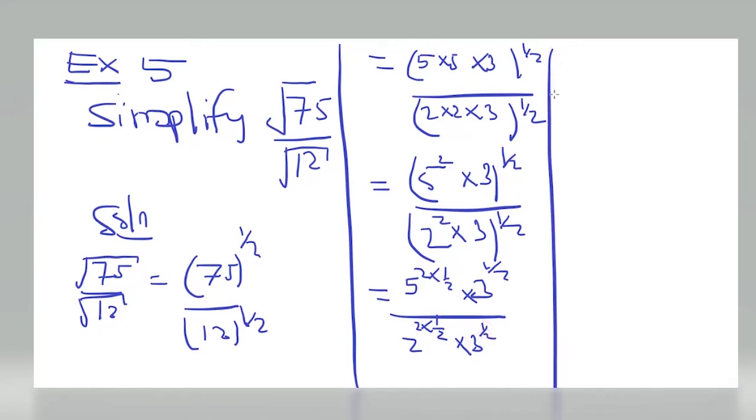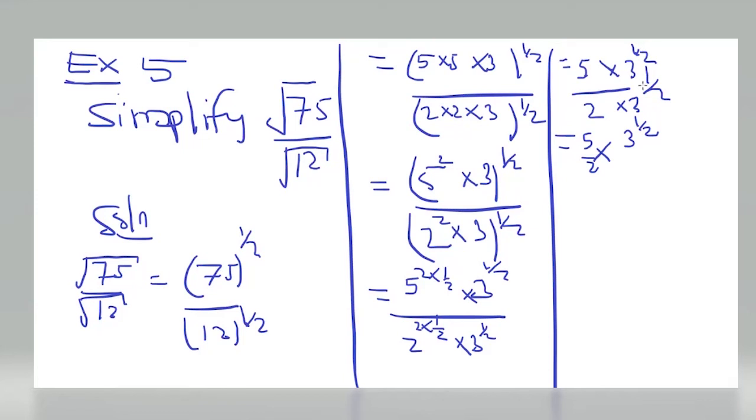Then the 2 and the half will cancel. Therefore I'm going to have 5 power 1, which is 5, times 3 power a half, over 2 power 1, which is 2, times 3 power a half.